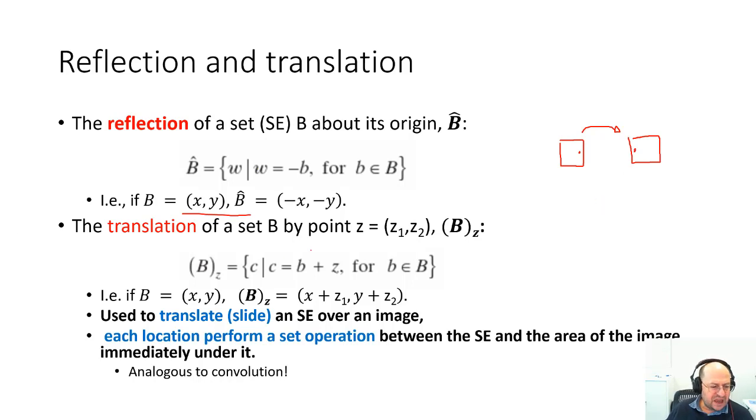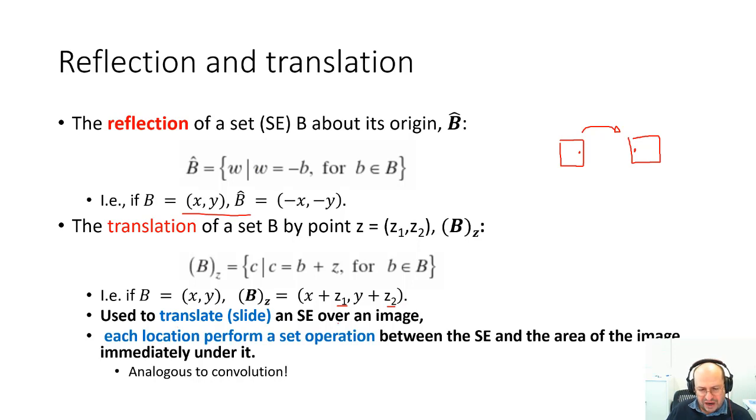Translation is the same thing that we called strides in convolution. So we translate the structuring element a certain number of steps.